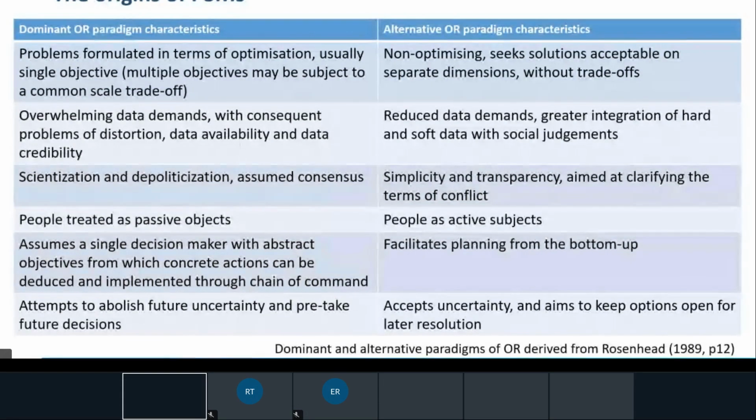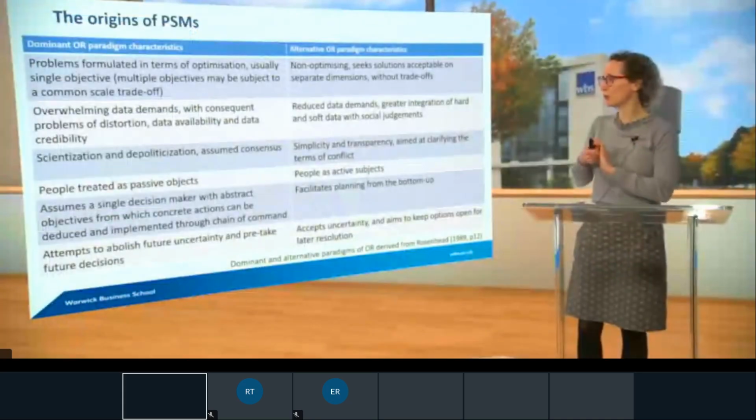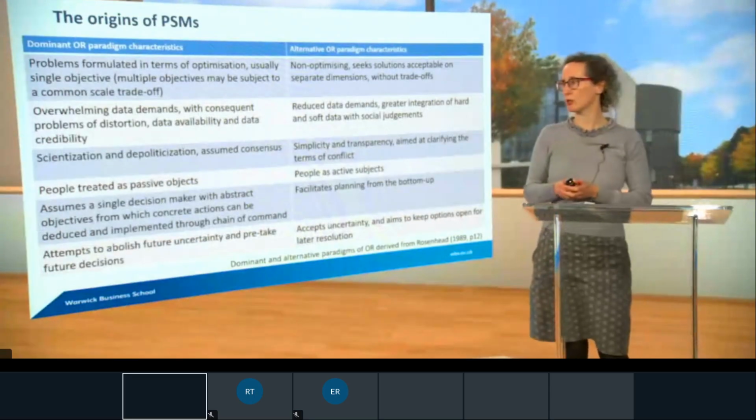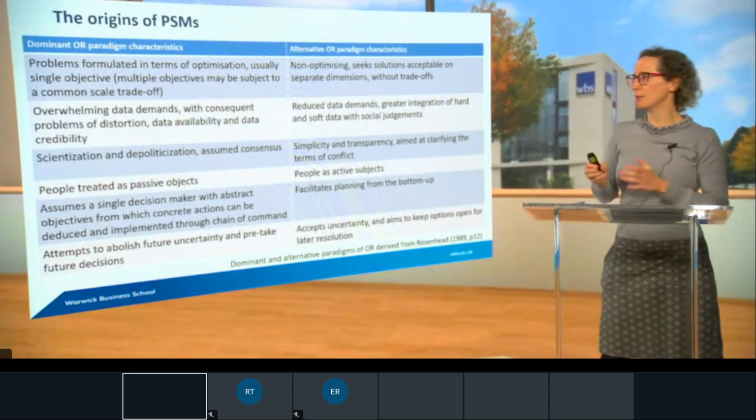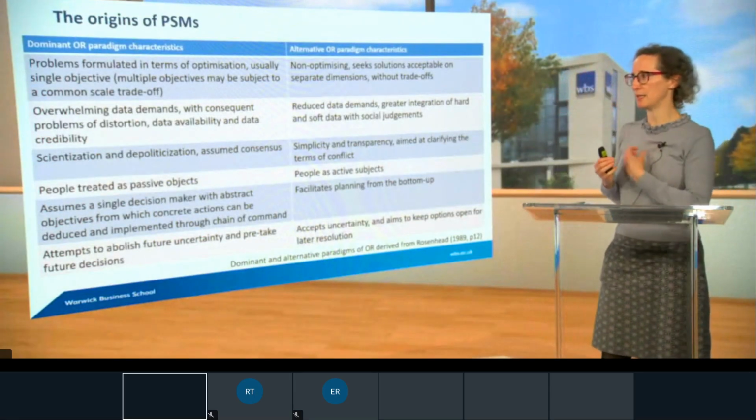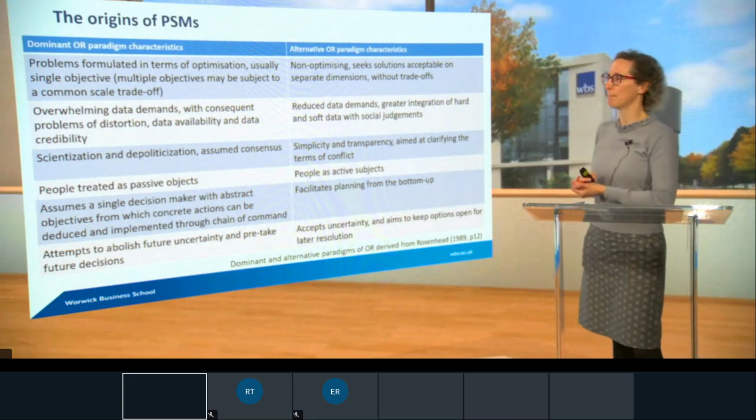I'm a little less comfortable with this last point here, that the idea is that it accepts uncertainty and aims to keep options open for later resolution. We can't always do that. There comes a point that we have to make a decision. So that's the one I'm personally a little bit less comfortable with.